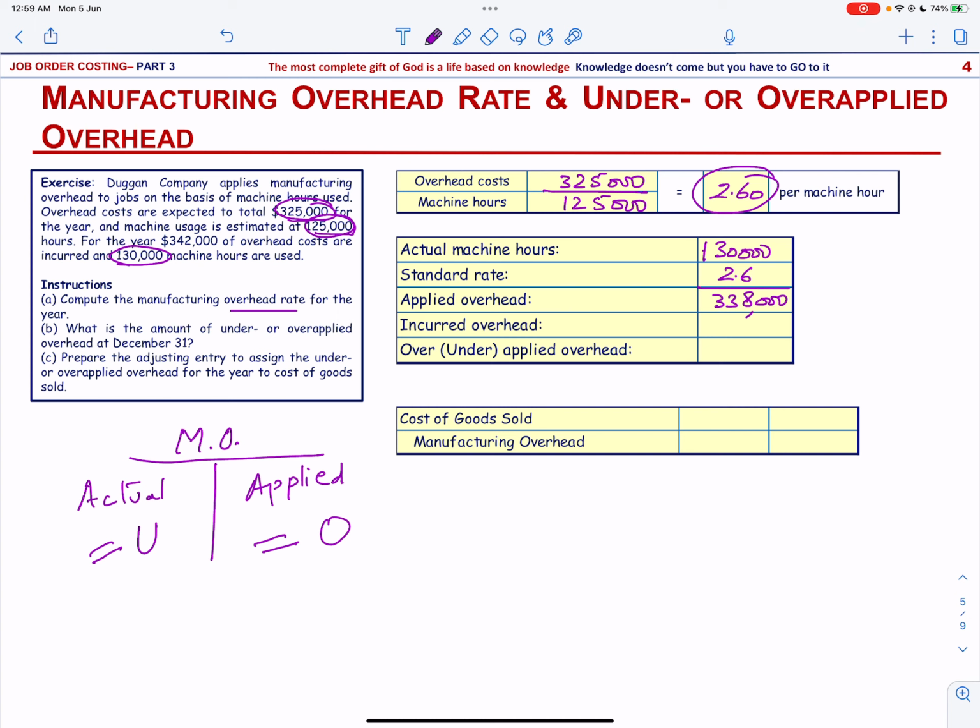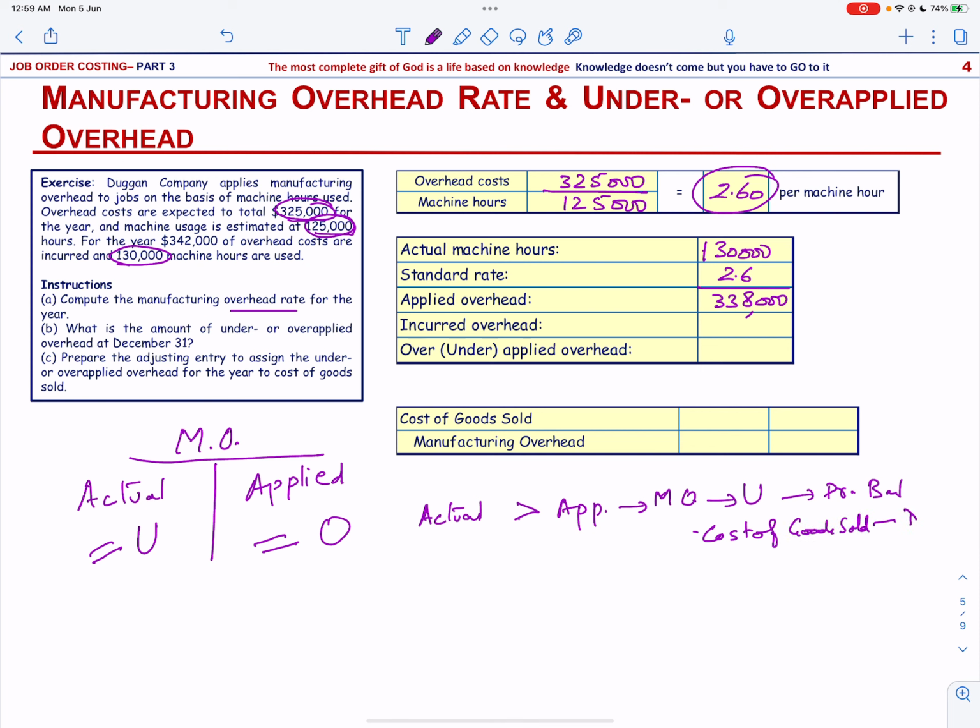So if actual is greater than the applied, the manufacturing overhead is under applied and will have a debit balance, and the adjusting entry will be cost of goods sold debit and manufacturing overhead credit.